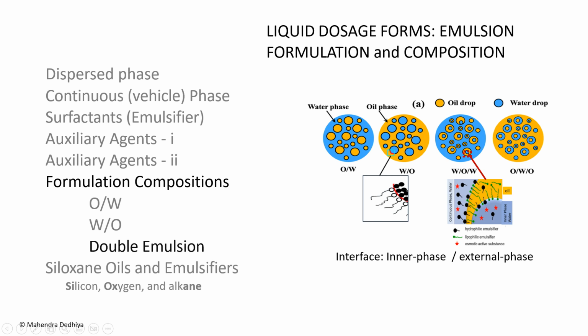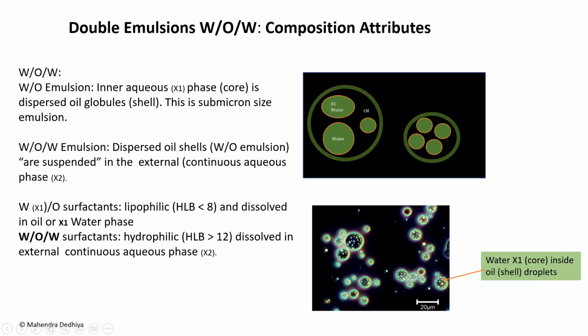The interface of a double emulsion contains surfactants that work on the inner portion of it, in the case shown here, water and oil, and then the external phase, oil and water. Let's look in a little more detail at the water, oil, and water emulsion.